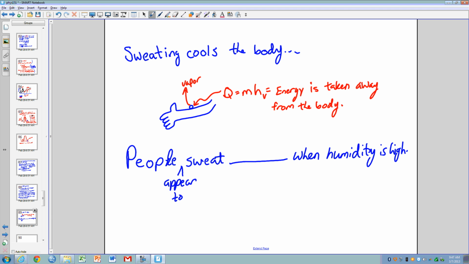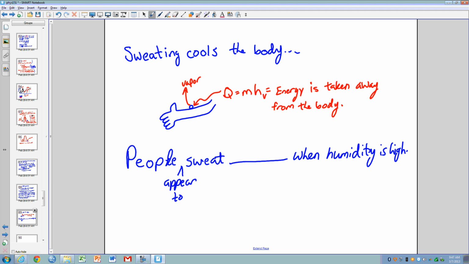That's because the water comes onto the surface of the skin, and then what happens to it? It doesn't evaporate because the humidity is really high, so that water can't evaporate into the surrounding atmosphere. So people at least appear to sweat more when the humidity is high. They still sweat when the humidity is low, and they actually do sweat less because that sweating is more effective.